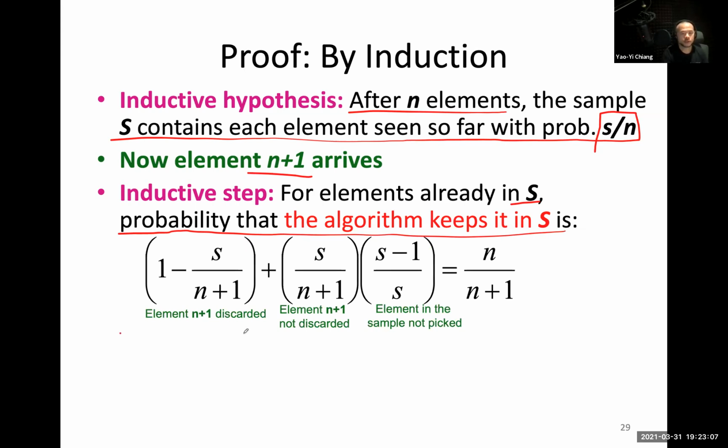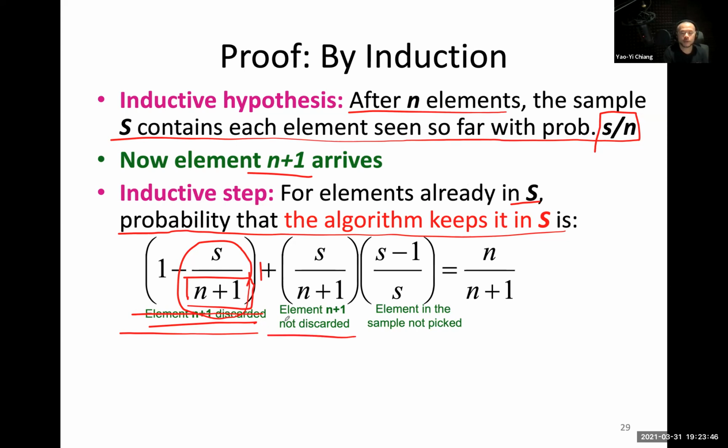The first one means this new element, the n plus 1 element, is discarded. Remember, this is the probability that we are going to put the new element into the sample. So the complementary probability here tells you that you're going to throw it away. If you're going to throw it away, you are not going to touch your sample. So all the elements in your sample will stay in the sample with a probability of what? 100%.